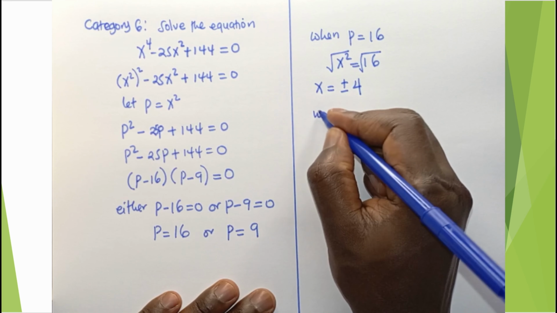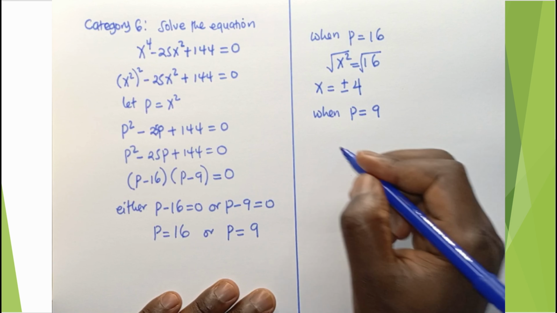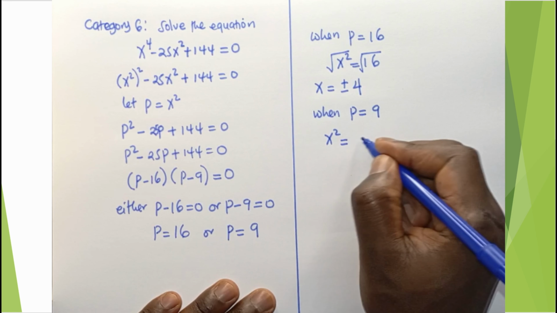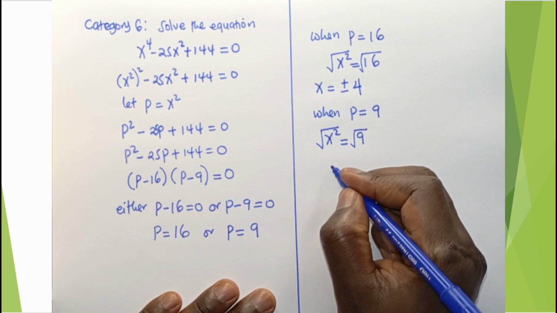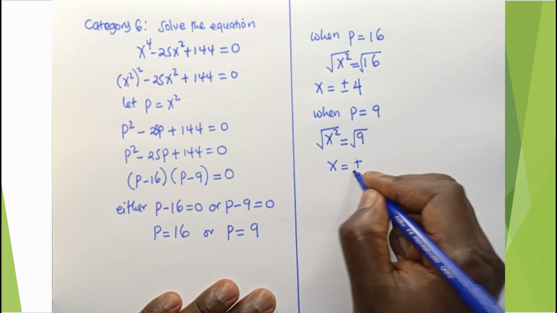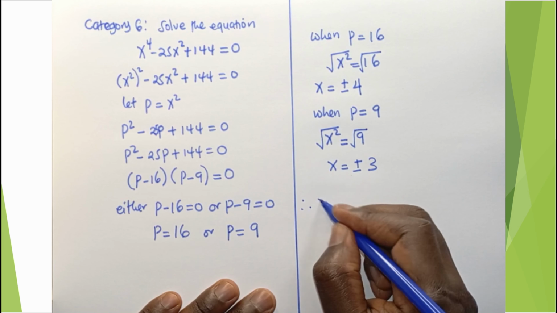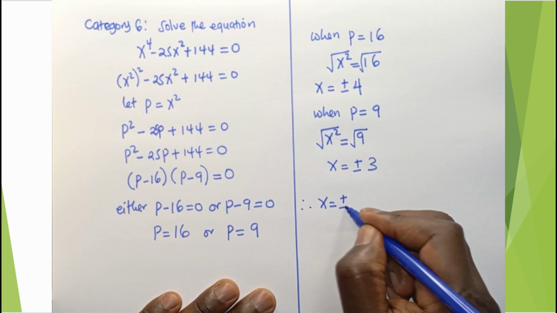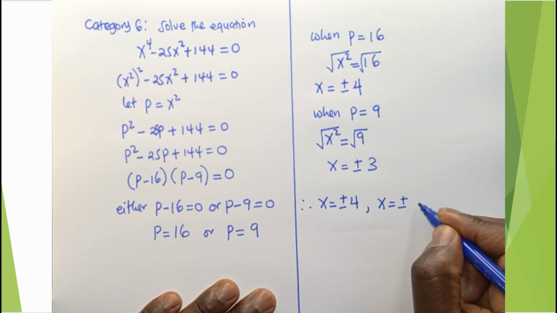And then when p is equal to 9, our x squared is equal to 9. So we apply a square root on both sides. Our x becomes plus or minus 3. As simple as that, we have solved. So we have x is equal to plus or minus 4, or x is equal to plus or minus 3.